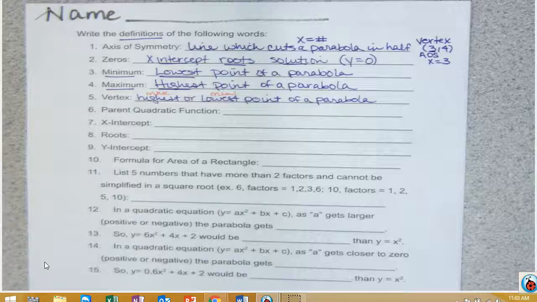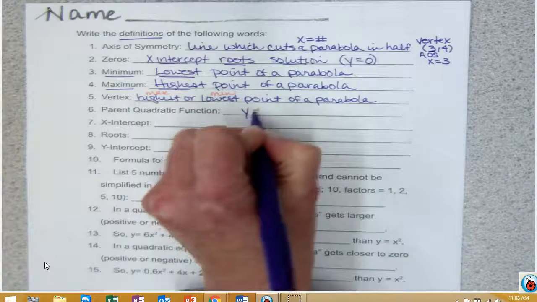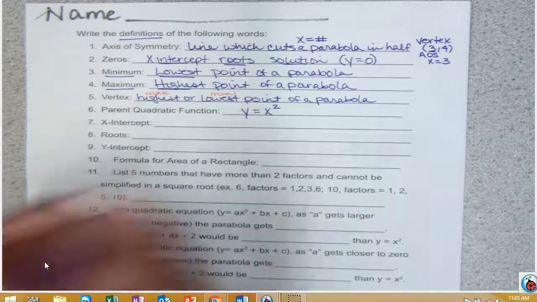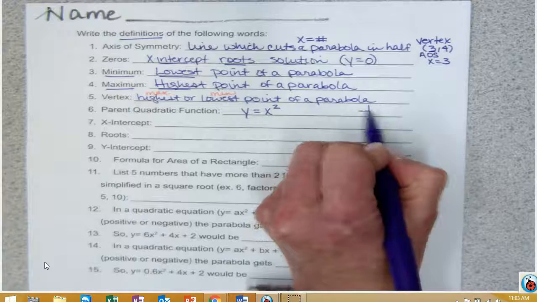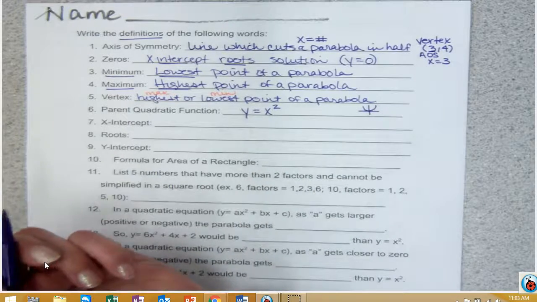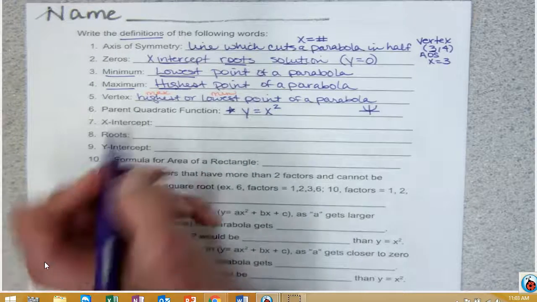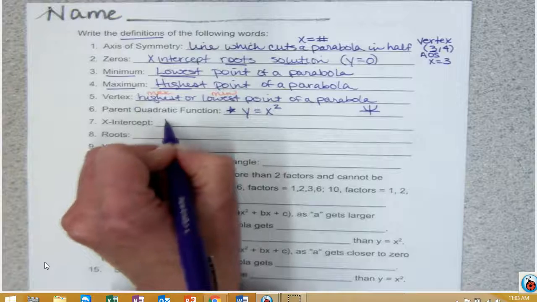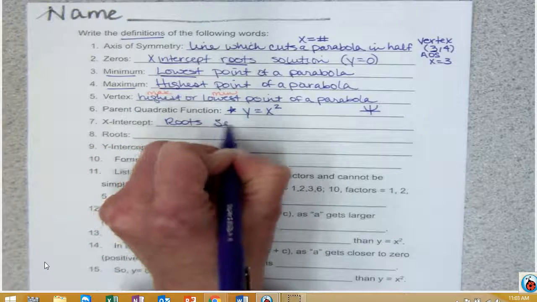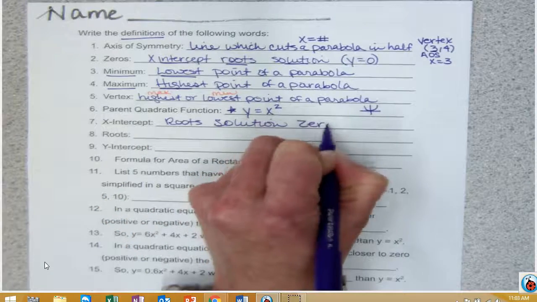The parent quadratic function is y equals x squared. Alright? Basically that's saying when you have your basic parabola, which is going to look like that, this is the equation that they're looking for. Your x-intercept, again, your roots, your solution, your zeros.